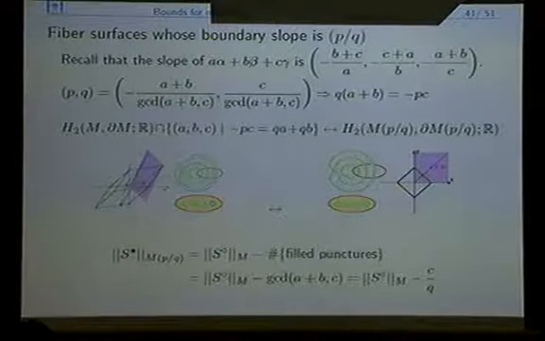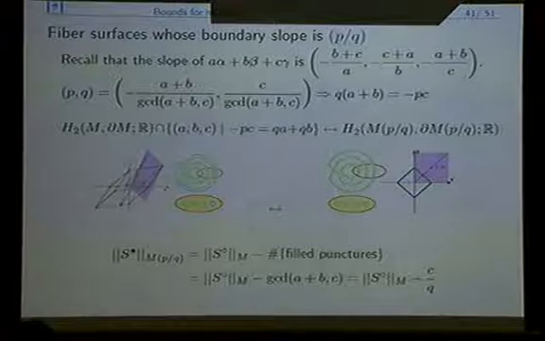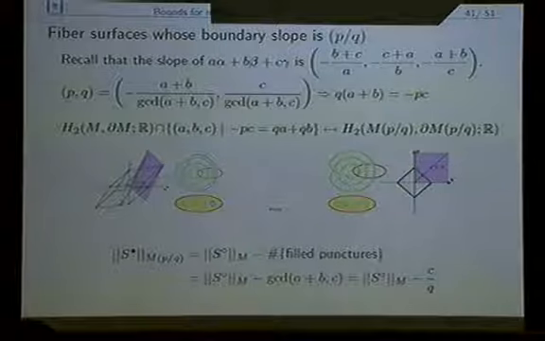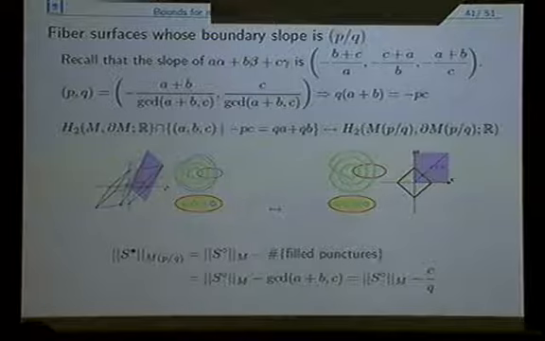And so if we fill the first component, the surgery coefficient p/q is just p over q equal to a over b plus c. And so p is just gcd times a plus b, and q is just gcd times c. And so we have this equation.